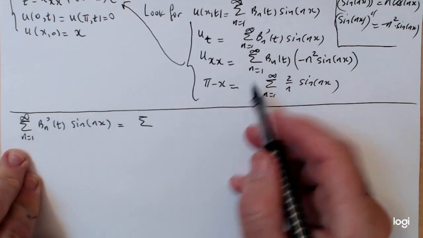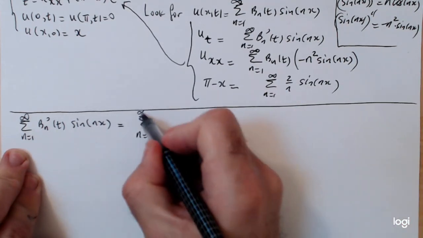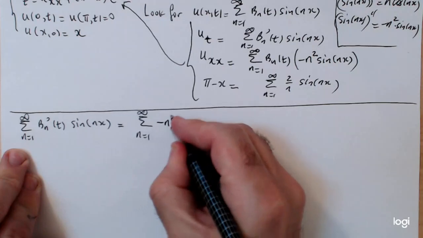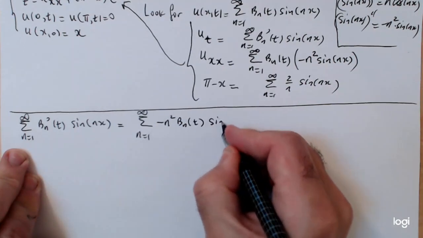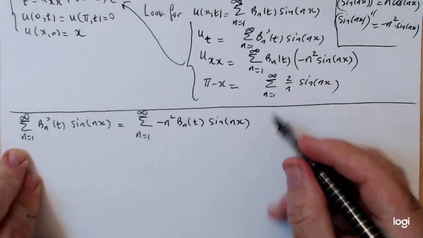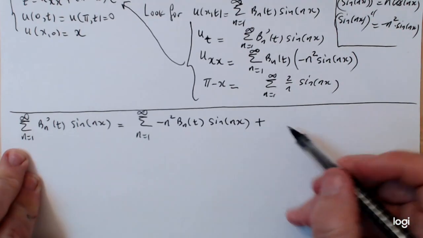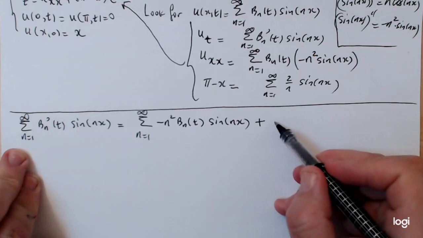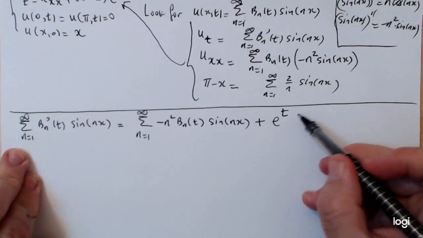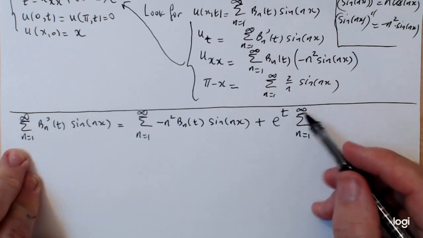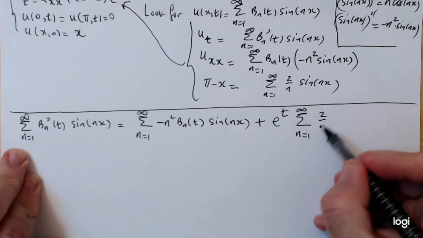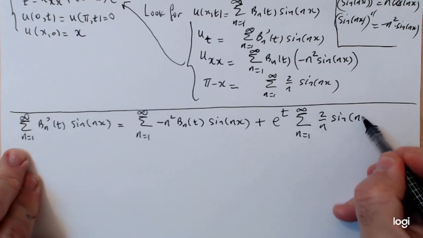For uxx, let's put this minus out, so summation from 1 to infinity of minus n squared bn of t sine of nx, and pi minus x e to the t, so we can start with e to the t, and instead of pi minus x, write its corresponding series, 2 over n sine of nx.